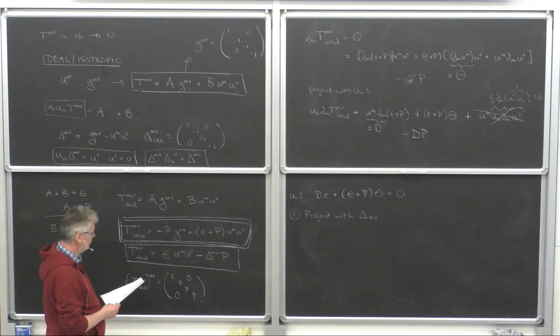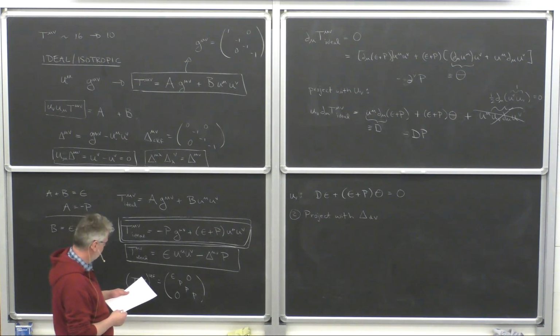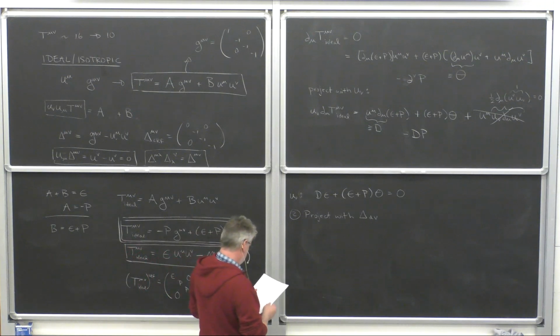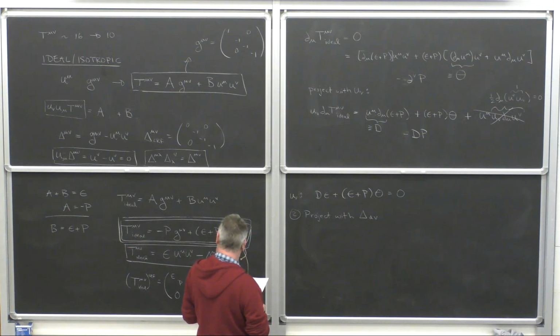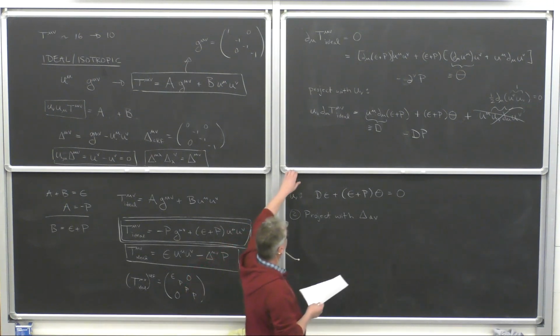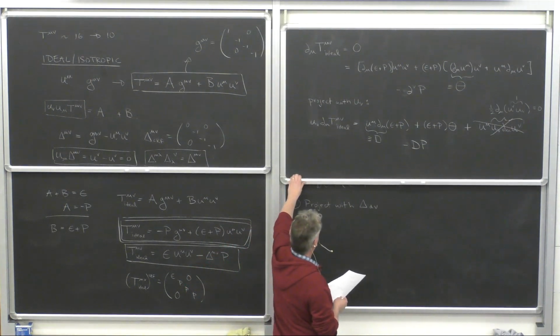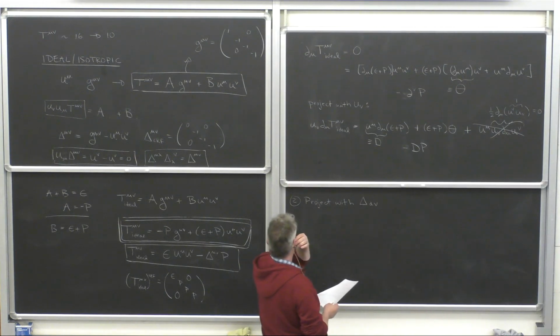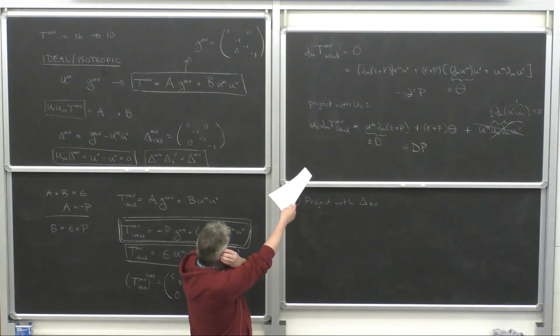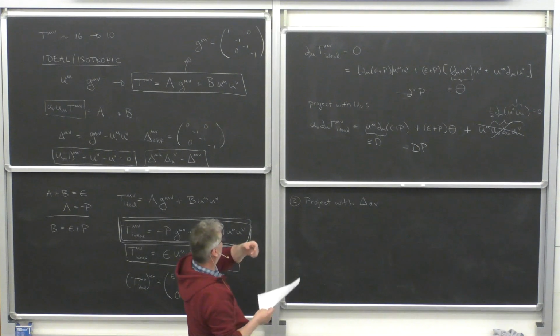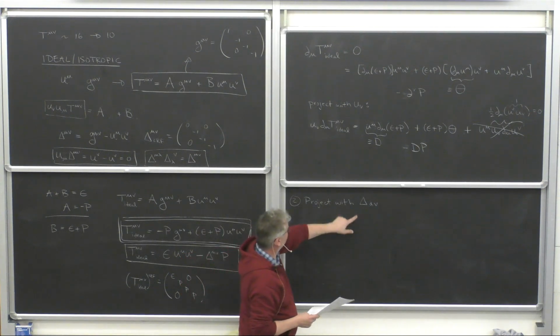Yes, maybe. What the hell did I do here? Oh, I have to project that equation up there. That's what was confusing me. All right, so I have to project that equation that's hiding up there on the very top board with one of these guys.